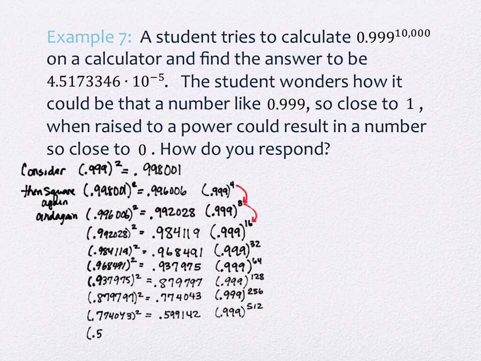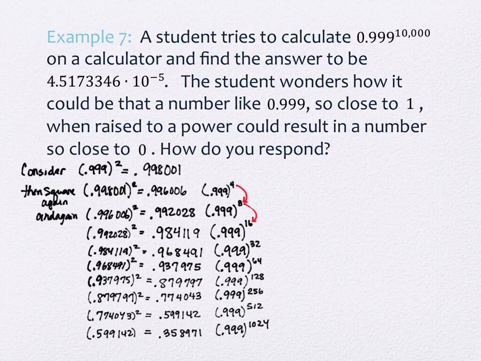So 0.599142, which is, I mean, we're almost half of where we started. We started with a number that's almost 1, and we're at a number that's 0.6. We're at almost half. And where does this leave me? And what power am I at now? 1,024.